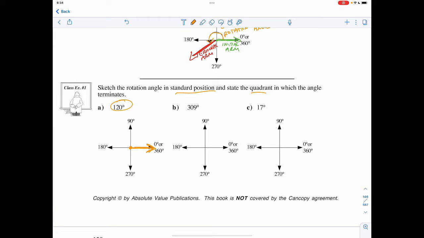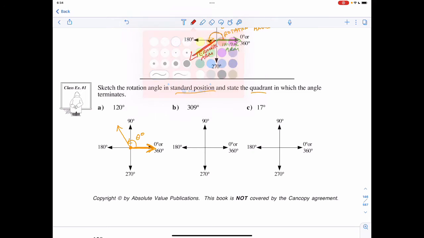So if I'm looking for 120 degrees, that's going to be in between the 90 and the 180, and it's going to be closer to the 90. Like I said, it doesn't have to be perfect. And I'm going to indicate that it is rotating in this direction. And there is my theta, or my 120 degrees.